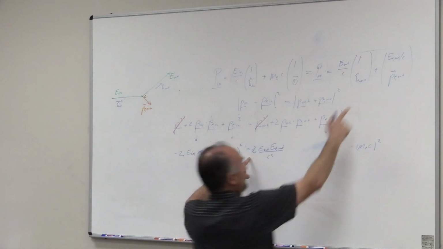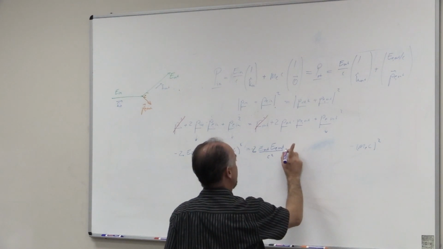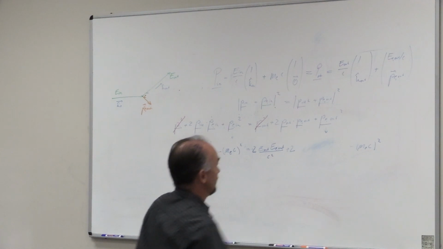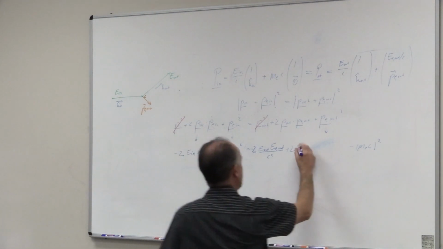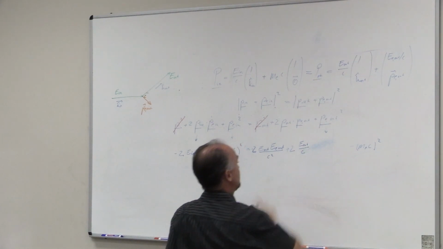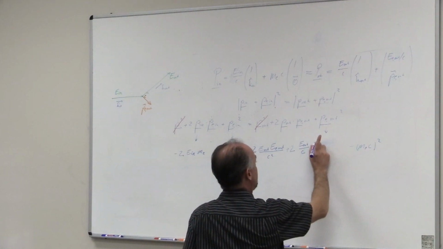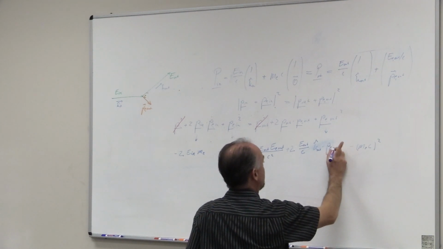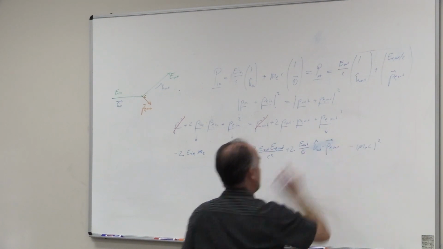And then we have positive, the time with the space components, plus 2 E_out over c, over c, we have K_out dot P_electron out, right?